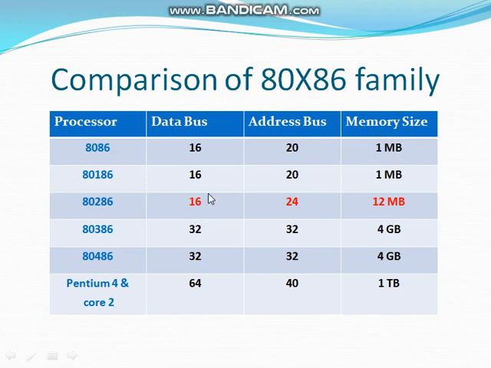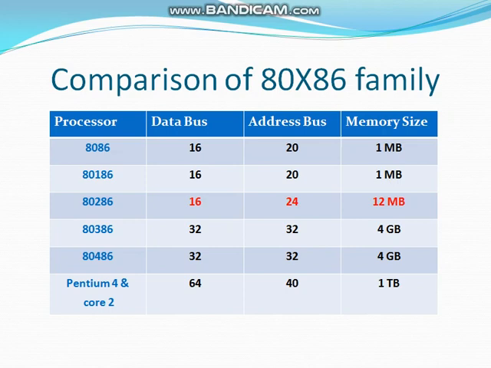In 286, the data bus is the same, but the address bus bits are increased, and the address bus is of 24 bits. So that's why the memory addressing capability is increased up to 16 MB.